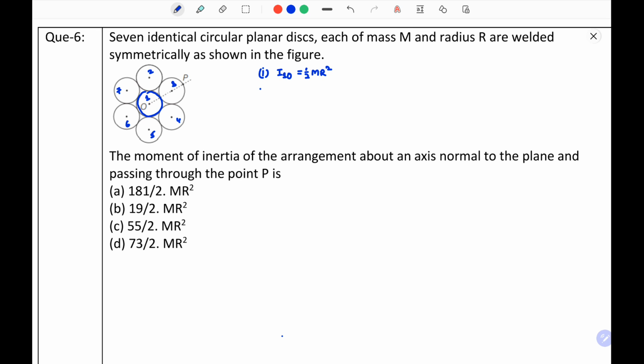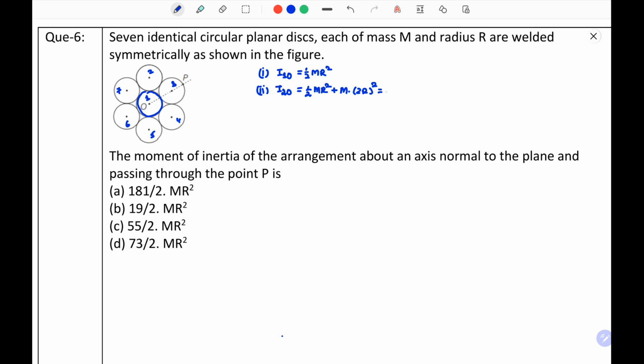Similarly, if we find the moment of inertia of the disk 2 about the O, we will use parallel axis theorem. First, the moment of inertia of this disk about its own axis through the center perpendicular to its plane will be half mr square, and then through the parallel axis theorem, the mass is m and distance between the centers of the disk 1 and disk 2 will be 2r, so it is 2r square.